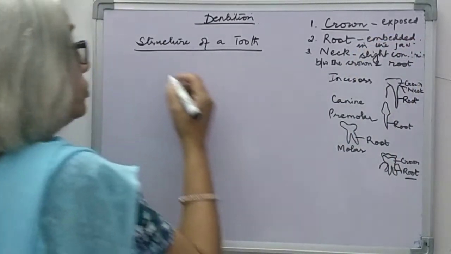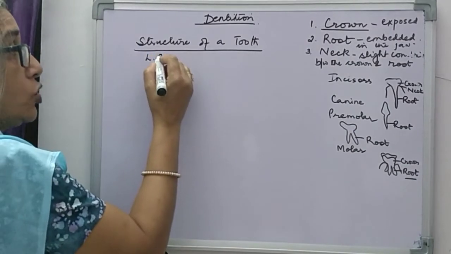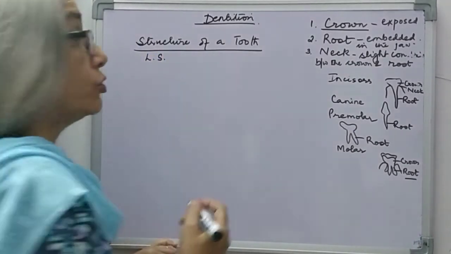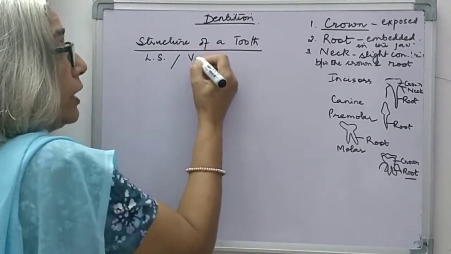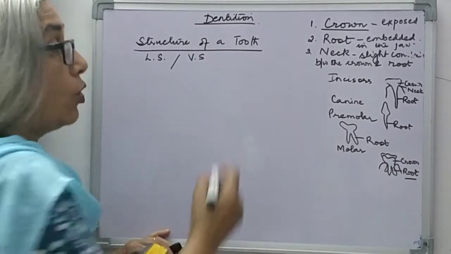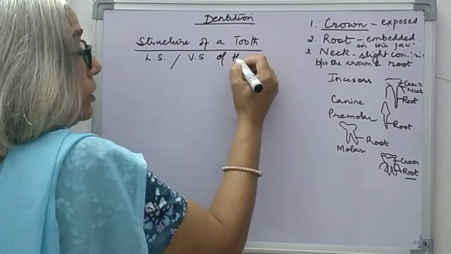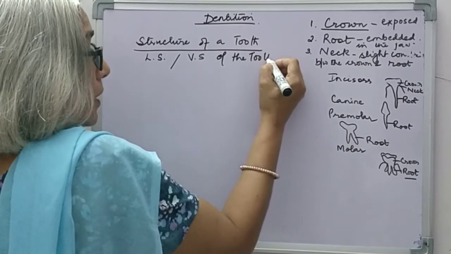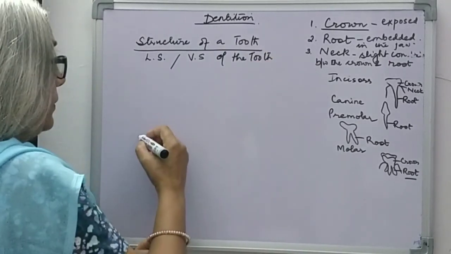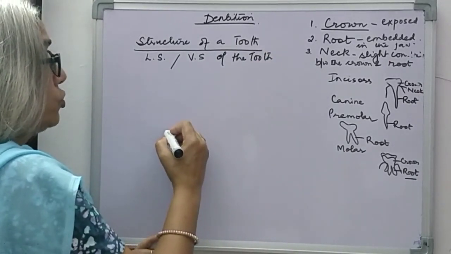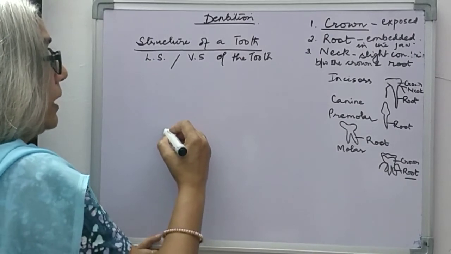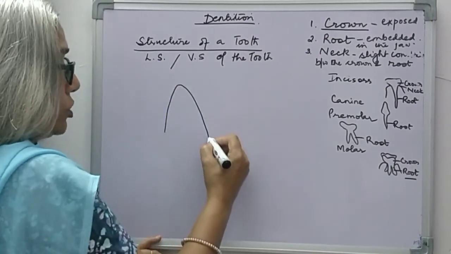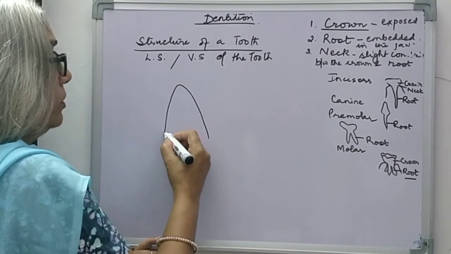Now coming to the LS, that is longitudinal section of the tooth, or we also call it the vertical section or VS of the tooth. We will see that each tooth has got an exposed portion called the crown.